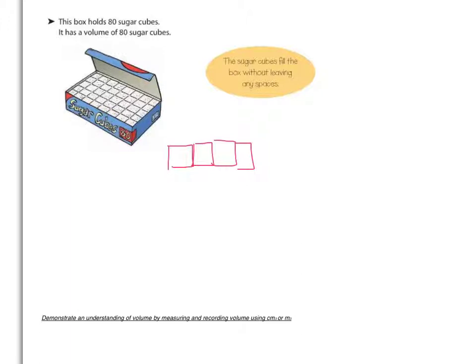Okay, so this would have 80 sugar cubes, so it would have an 80 sugar cube volume. We can't necessarily make that a centimeter or millimeter unit because we don't know how many centimeters or millimeters are in each cube. But that would be no longer an estimate really because it's taking up all of the space within that box.